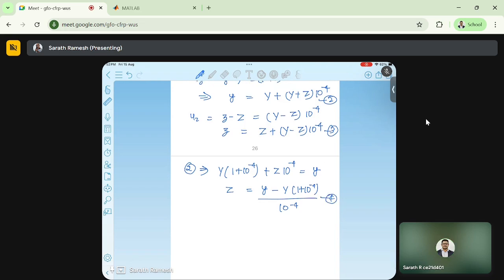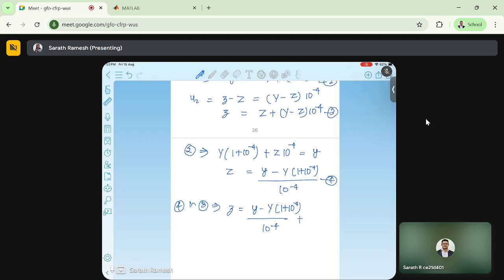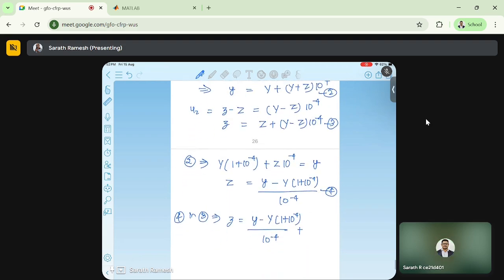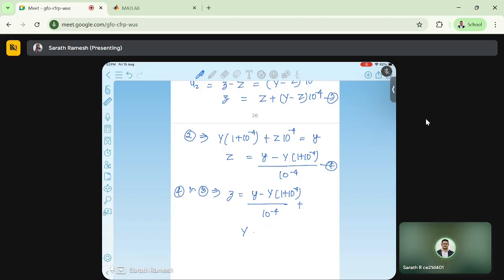Substitute this, which is 4, in 3, which implies small z equal to y minus capital Y into 1 plus 10 to the power minus 4, divided by 10 to the power minus 4, plus capital Y minus small y minus capital Y into 1 plus 10 to the power minus 4 divided by 10 to the power minus 4, the whole times 10 to the power minus 4.